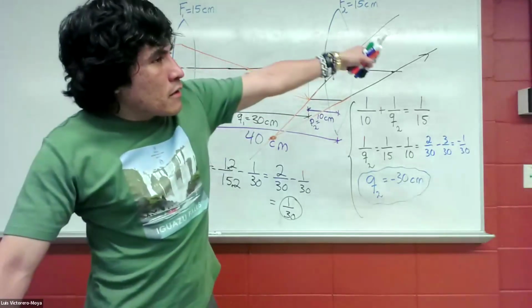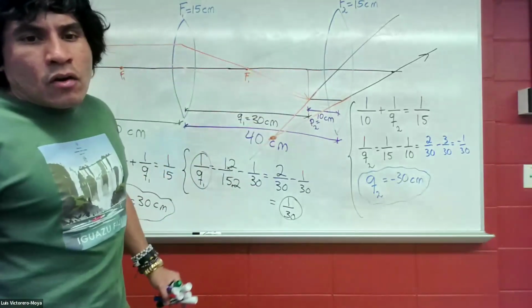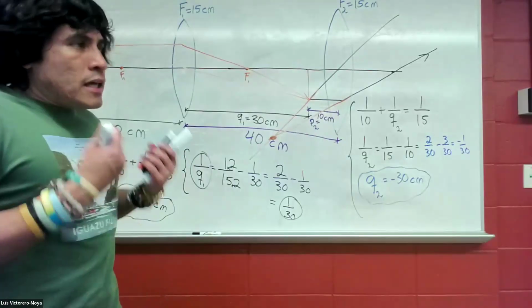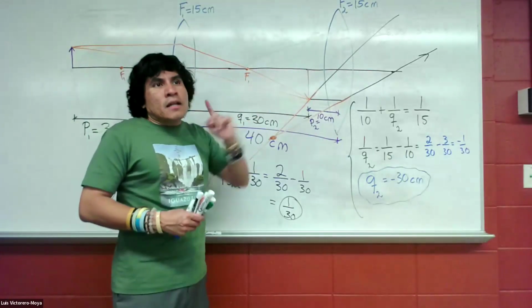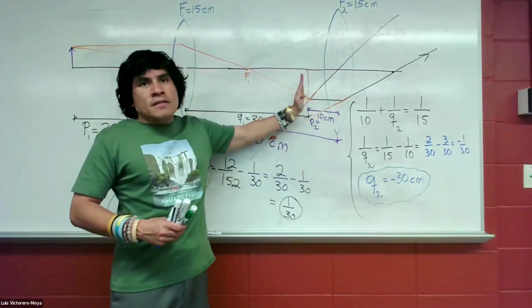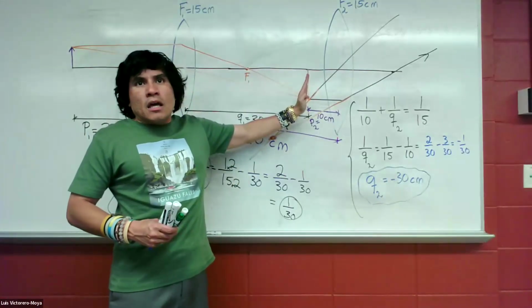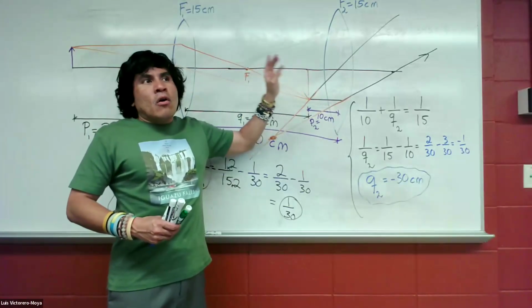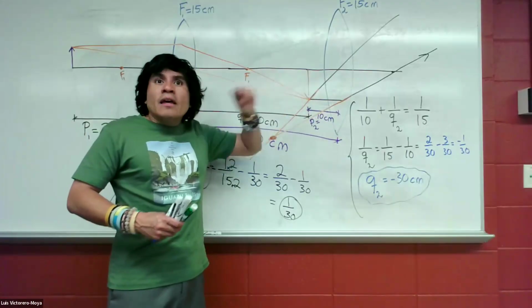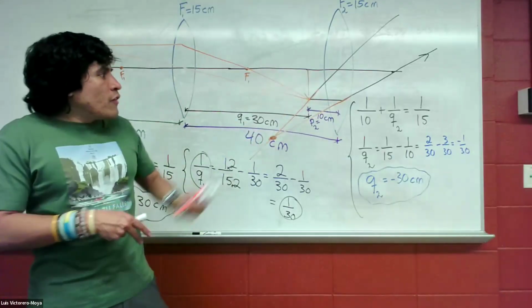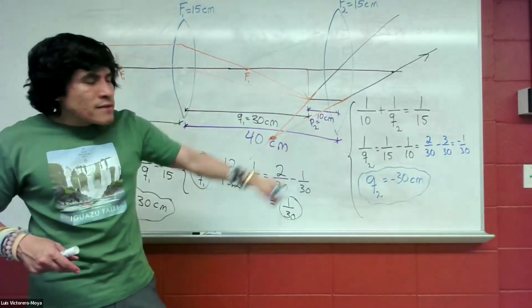Behind the second lens will be over there. And that's what I was saying though. For lenses, it's different. If the image of a lens is behind the lens, it's a real image because you can see it on the screen. If the image of the lens is in front of the lens, it's negative, it's virtual. So the final image is virtual, as you can see by the sign.